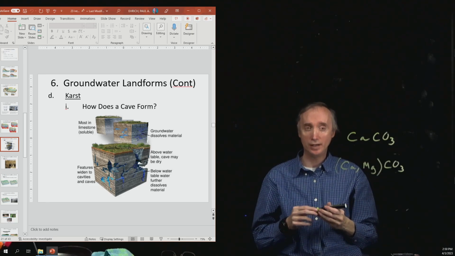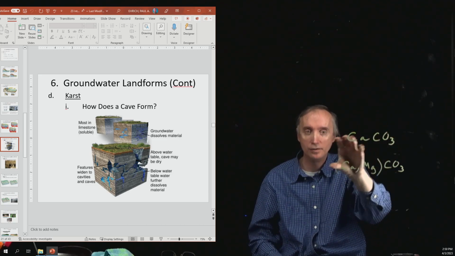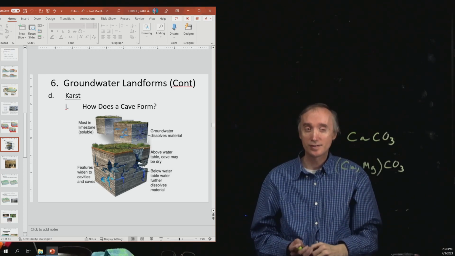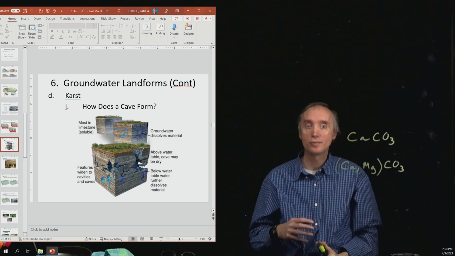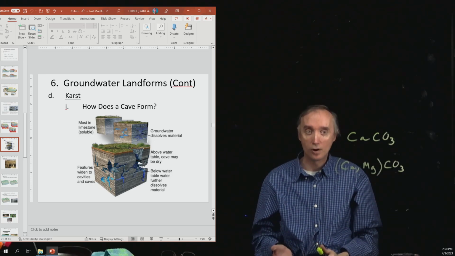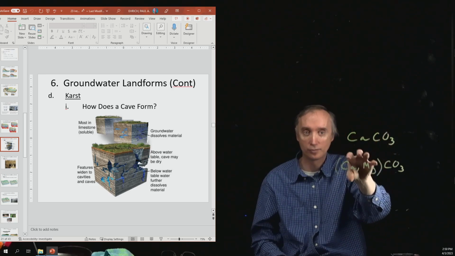Okay, what else do we need? So here's going to be the rock that our cave is going to be made out of. It's easily dissolvable. The next thing we're going to need is something to dissolve it. So you're obviously going to need water. In a dry climate, you're not going to have very much cave formation.